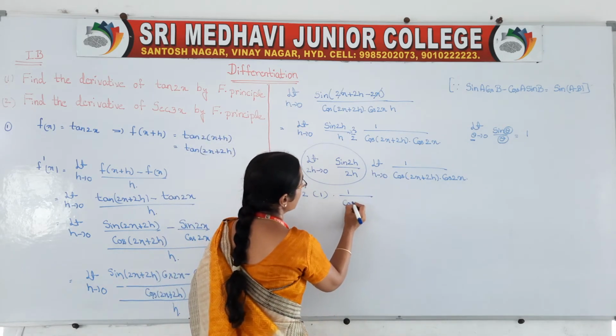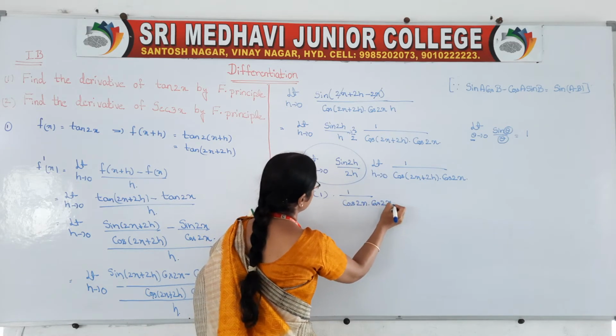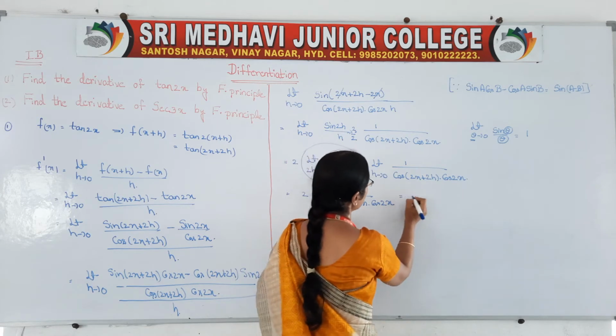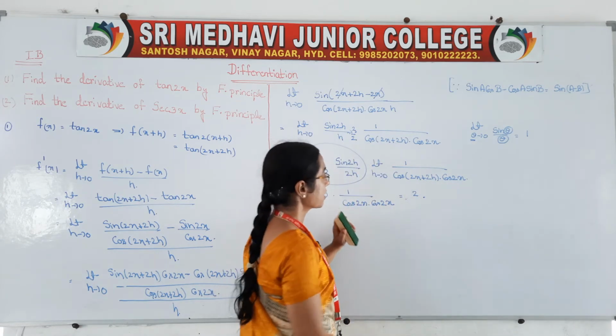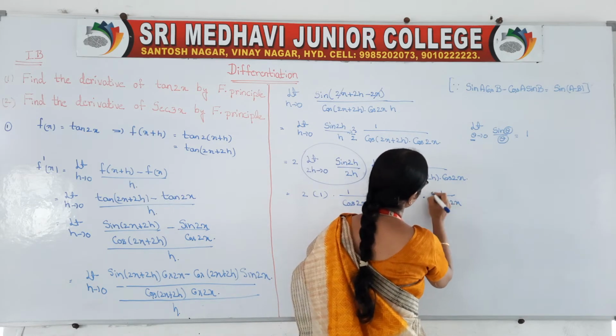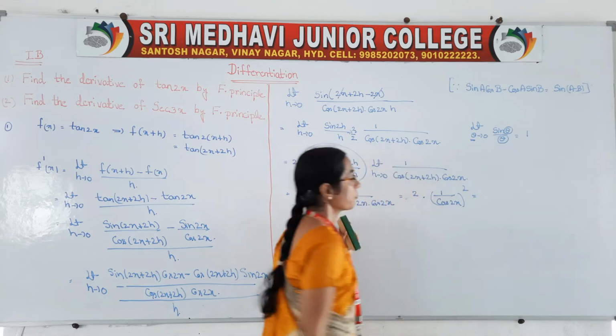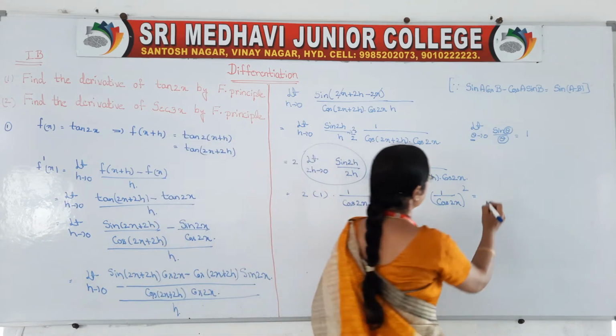Then it is cos 2x into cos 2x. So is equal to 2 into 1 by cos 2x whole square. 1 square is 1 only, and 1 by cos is secant.